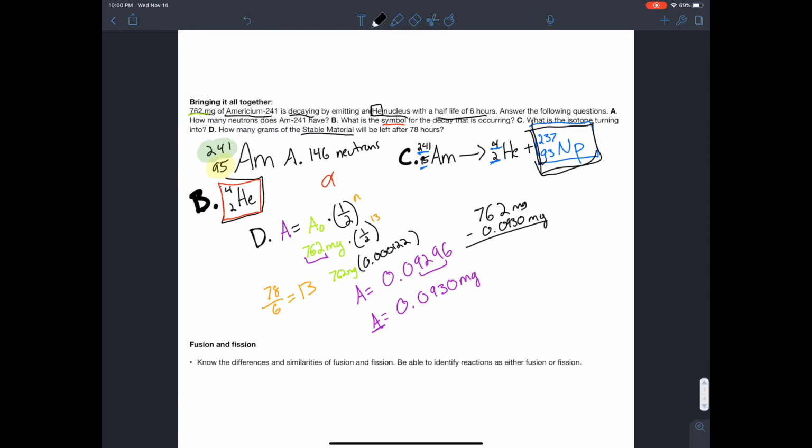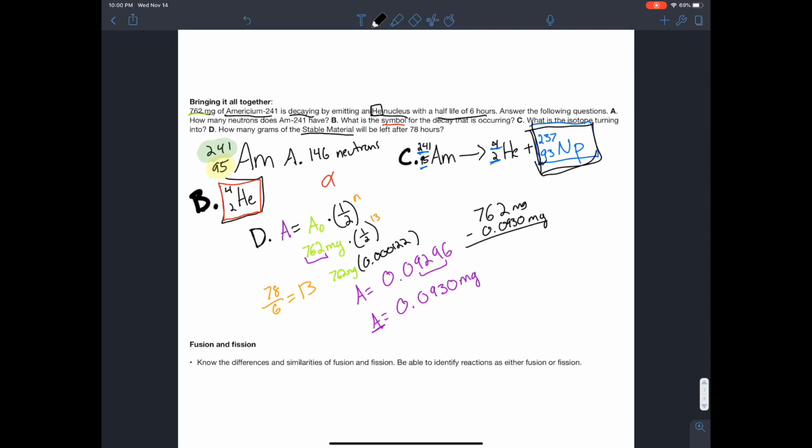So if we subtract the amount that's left from the total, then we're going to be seeing how much of the stable isotope is still there.